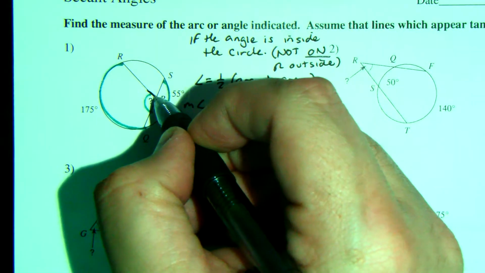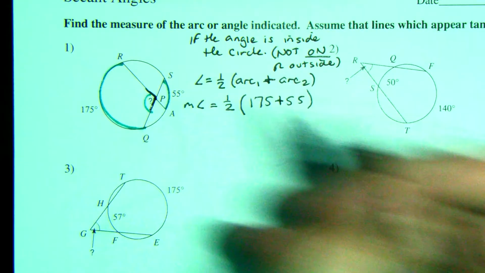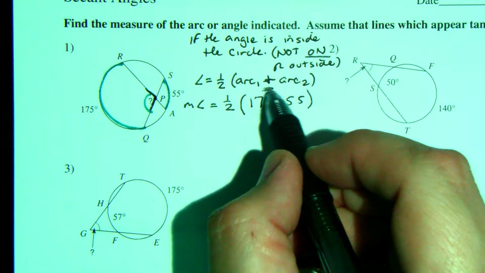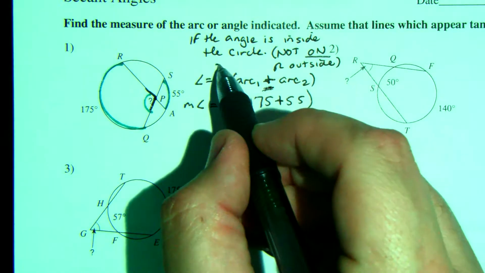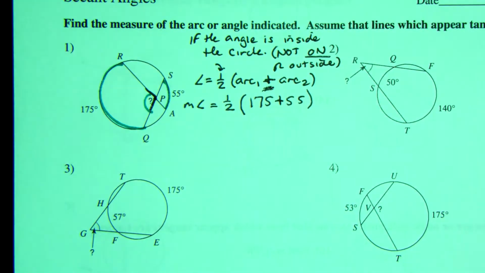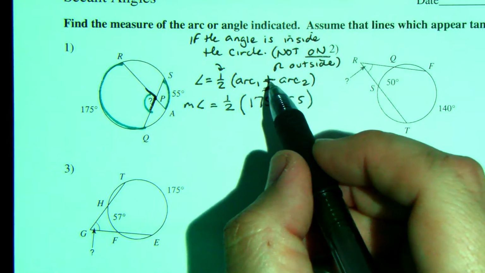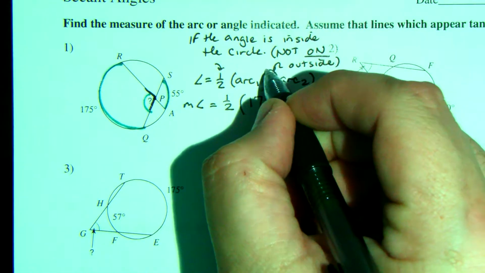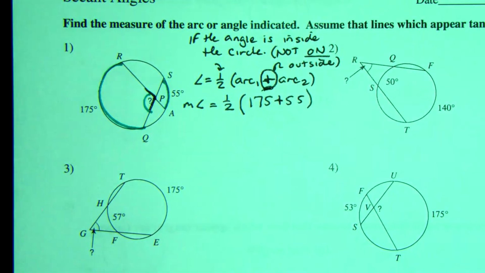What are we going to do with the arcs? It's always 1/2. And then what are we going to do to the arcs themselves? Add them. These are the only ones you add. Everything else you're going to subtract. Okay?